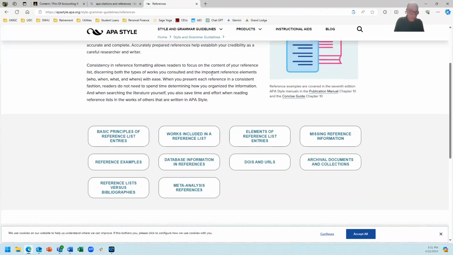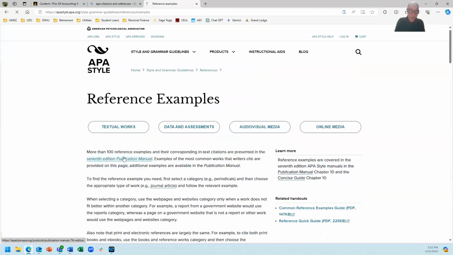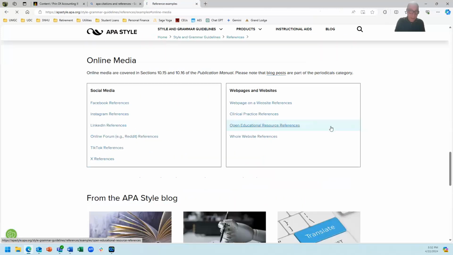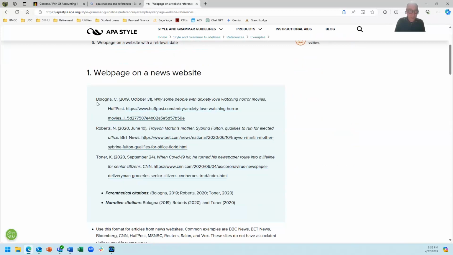So this manual teaches you how to format in APA style. And you'll notice that there are examples, and the examples for online media. And then we go to web page or website. And it shows you examples of what the format should look like. Okay.